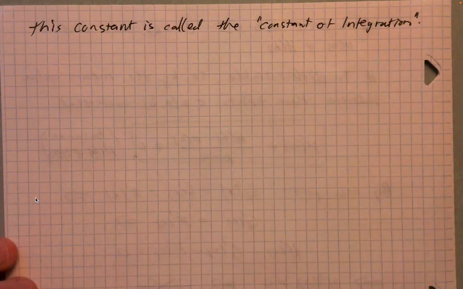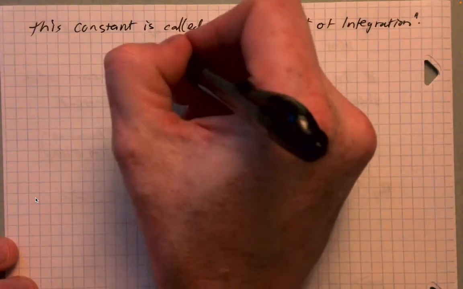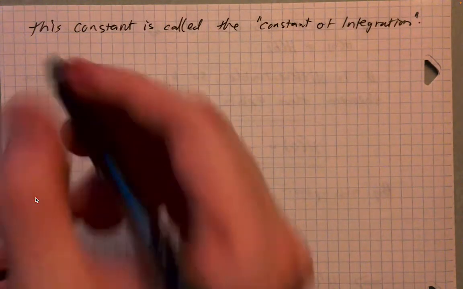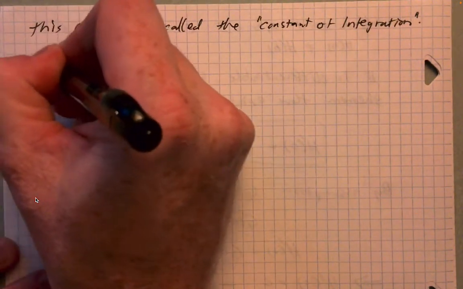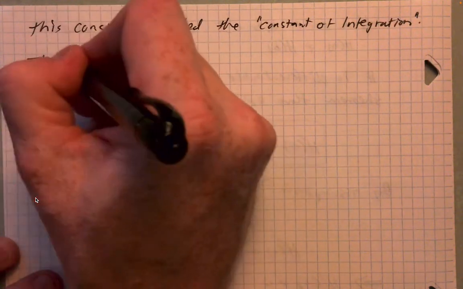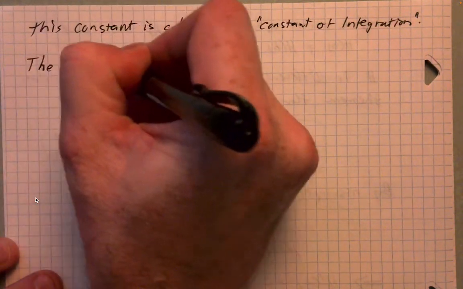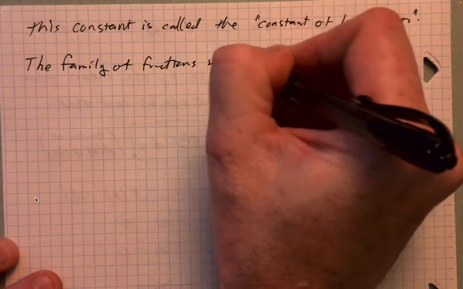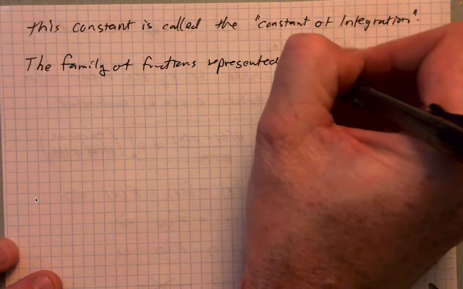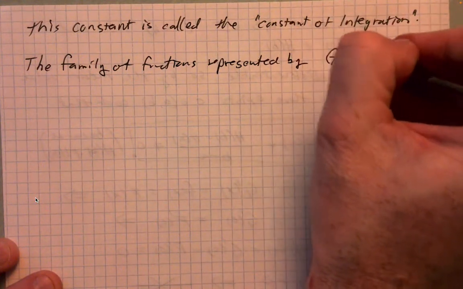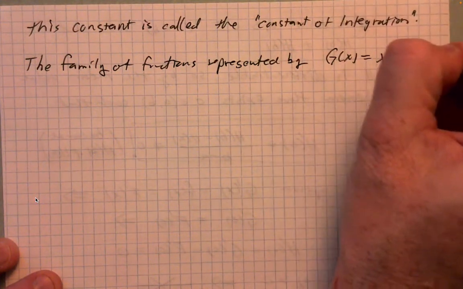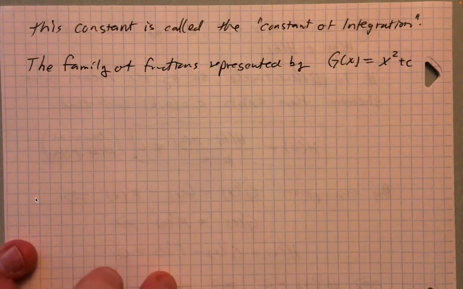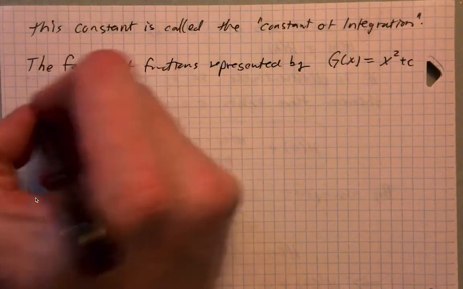You've got the constant of integration. That's the plus c at the end of all of these antiderivatives. And another term to know would be the family of functions represented by g of x, in this case, x squared plus c. This is called the general antiderivative of f.